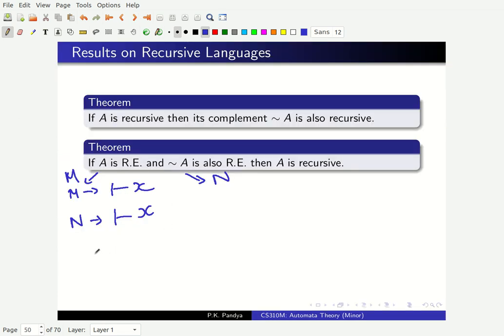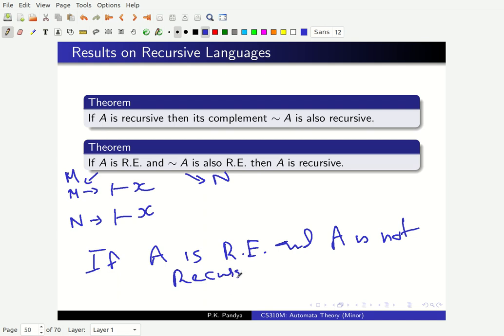So if A is RE and A is not recursive, then complement of A is not RE, right? This straightforwardly follows from these two theorems.